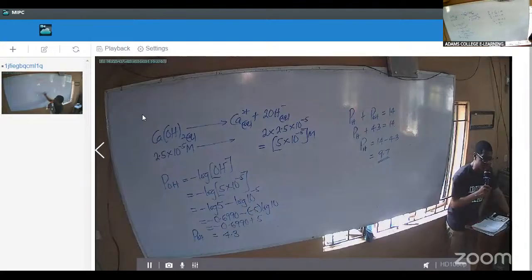Polarity of the bond. Option A, increases.